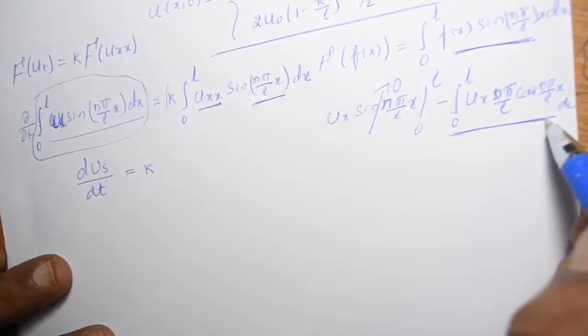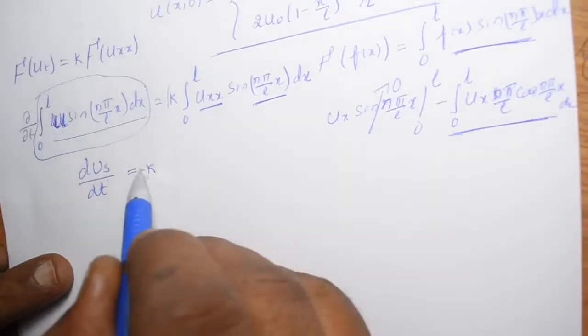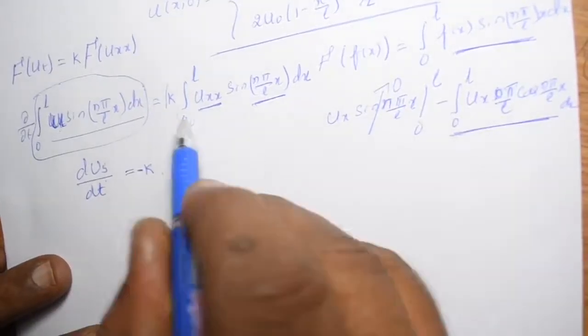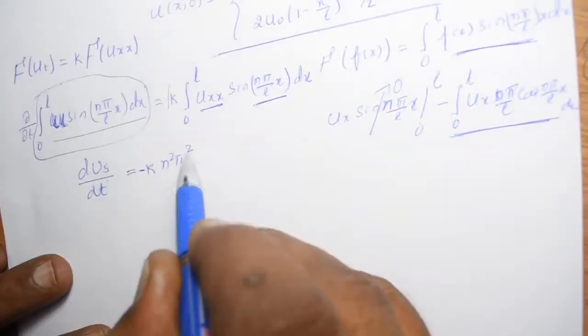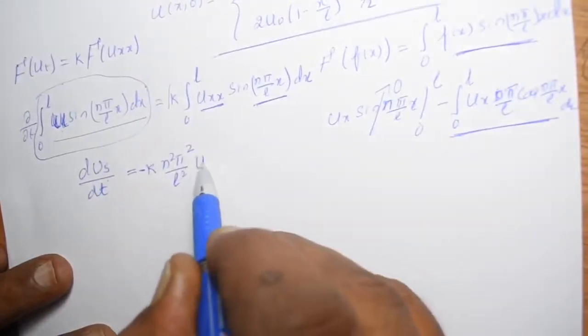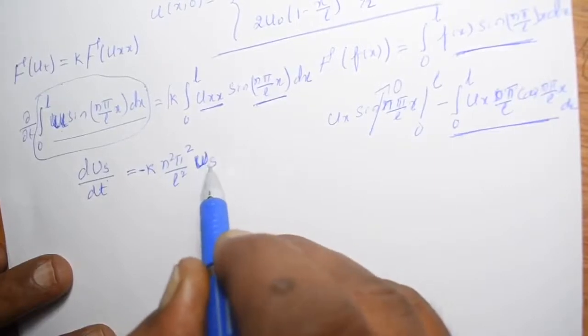Then, finally, by integrating twice, you are going to get the equation minus k, this k outside, minus k into n²π²/L² into u_s.